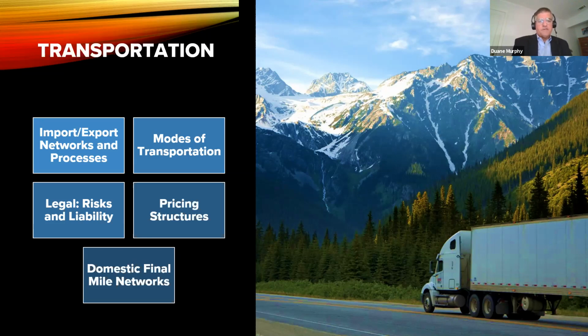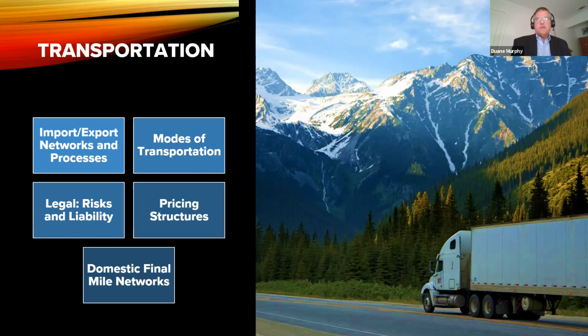And also, we'll be taking a look at domestic final mile networks and delivery networks. And during this COVID situation, we're all using Amazon and other websites to buy products and services. There's a revolution going on right now in the final mile delivery business, especially the small package.